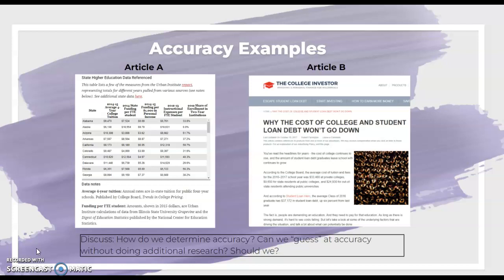And if you look at some of the links, you'll see how to earn more money, and escape student loan debt. This feels like it might not be as accurate or credible as the information provided over here in this chart. So you definitely want to look at some of the clues available to you when you're trying to determine the accuracy of information.